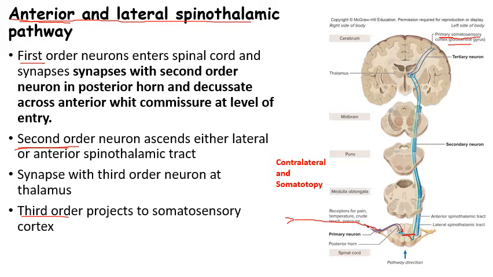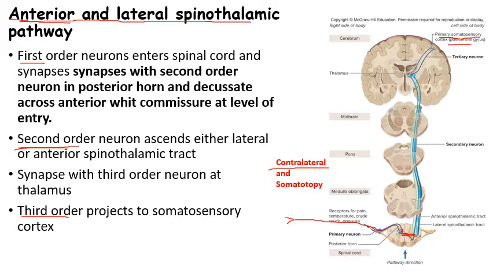But you can also see what's taking place here is that second order neuron is crossing over. So if this was the right side of the body, the sensory information for the right side is actually going to climb up and go to the left side of the somatosensory cortex. When that takes place, we have what's called contralateral control.